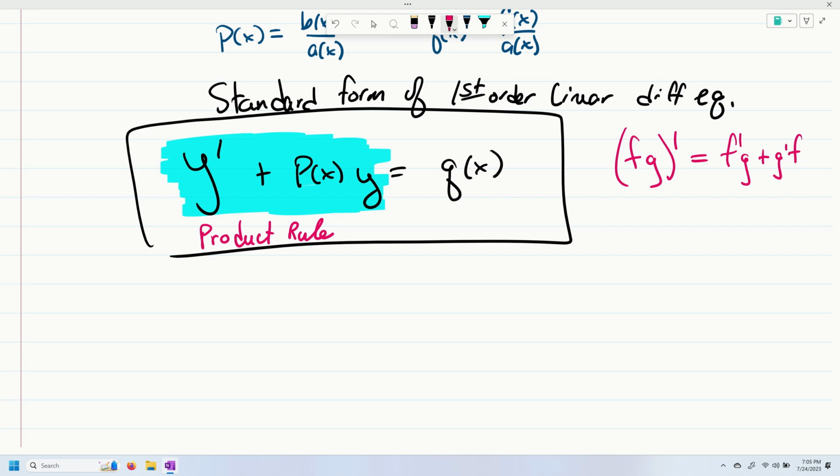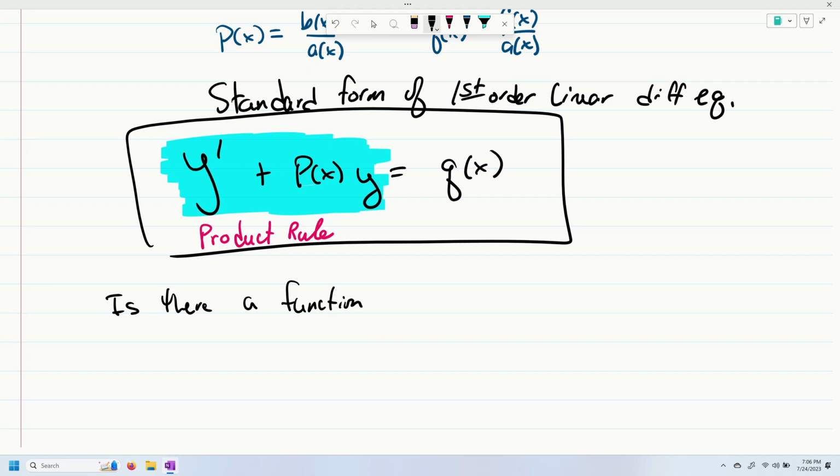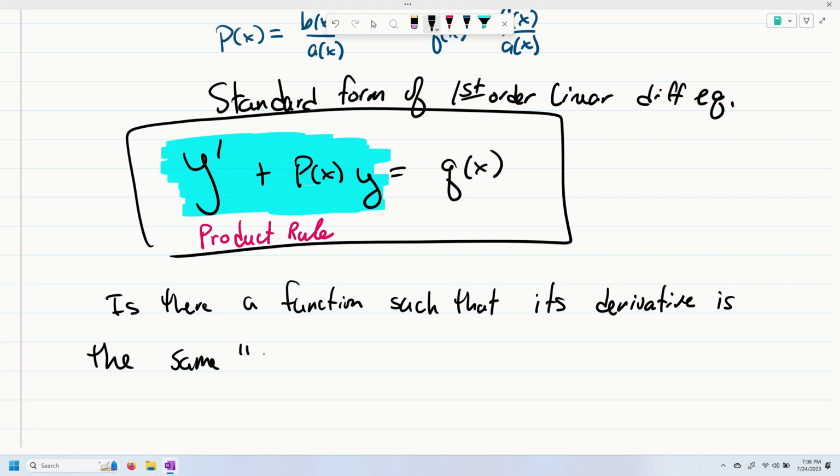So the big question is, how do you get this? I guess really what we're asking here is, is there a function such that its derivative is the same, and I'm going to put this in quotation marks, it's the same thing.